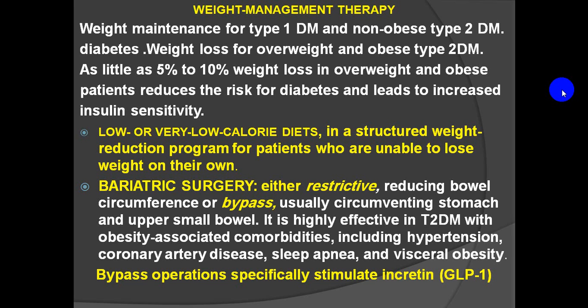On the other hand, weight loss for overweight and obese type 2 diabetes mellitus is to be recommended. It is found that as little as 5% to 10% of weight loss in overweight and obese patients reduces the risk of diabetes and leads to an increase in insulin sensitivity.